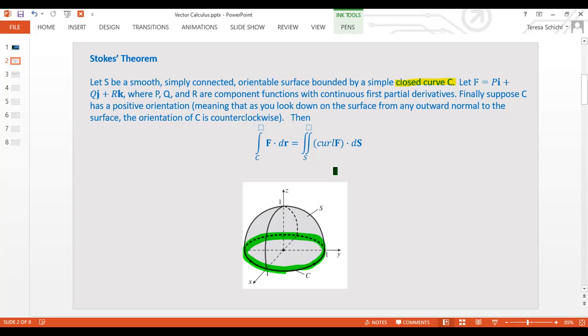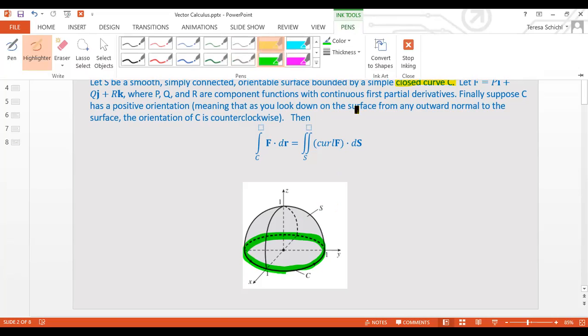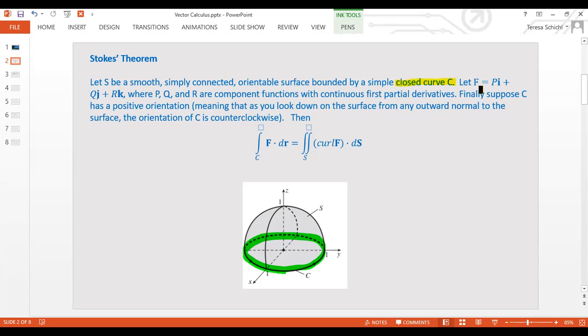In R3, F is Pi plus Qj plus Rk, and P, Q, R are called component functions. Suppose this curve is rotating counterclockwise, so it has a positive orientation.